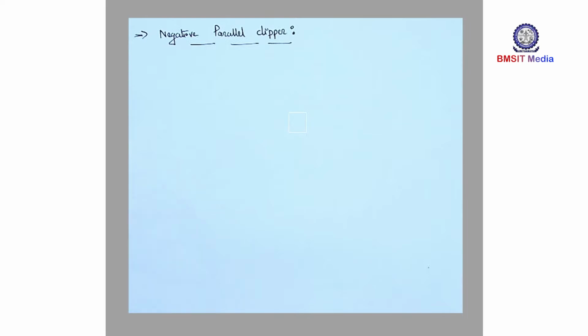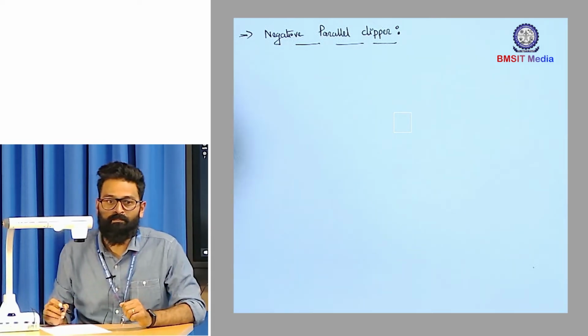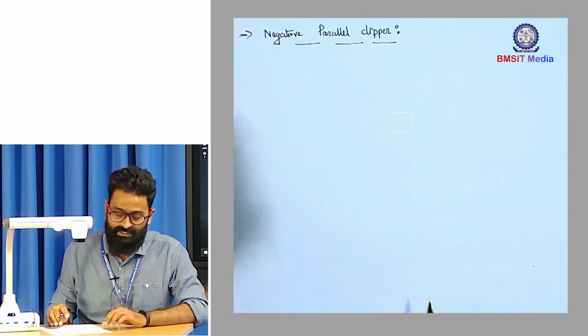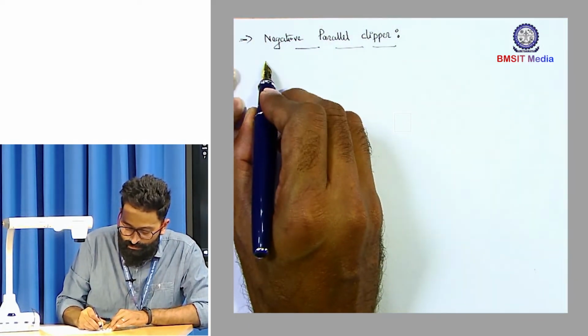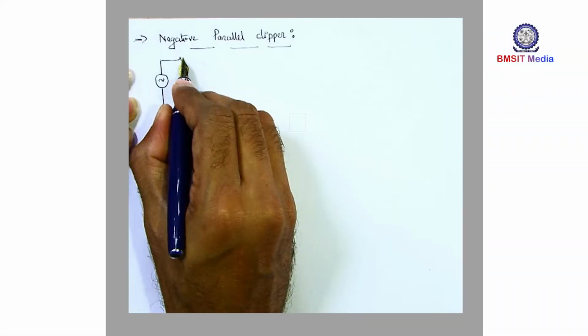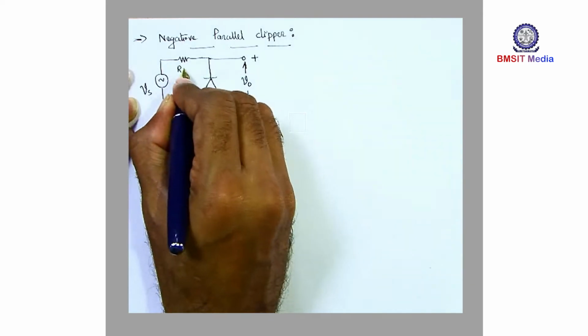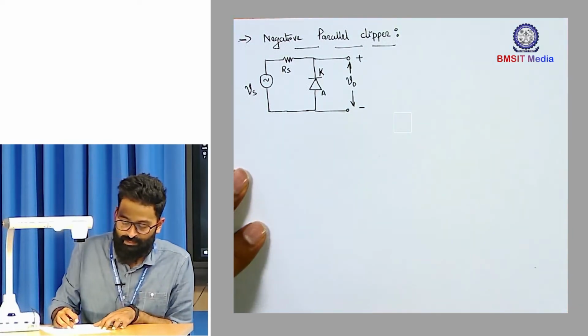So now let us look at negative parallel clipper. In case of negative parallel clipper, all you have to do is just flip the diode orientation. So this is how the circuit looks like. So this is the circuit of a negative parallel clipper.